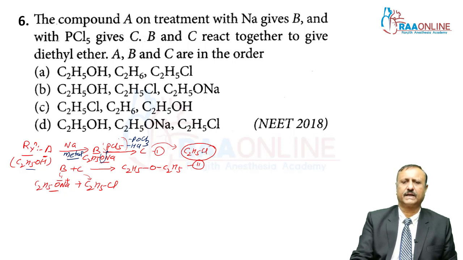So, this is the reaction, because when C2H5ONa reacts with C2H5Cl, it removes NaCl and forms diethyl ether. So, my dear friends, you can go to answer D. Here, A is C2H5OH, B is C2H5ONa, and C must be C2H5Cl. So, you can go to option D.